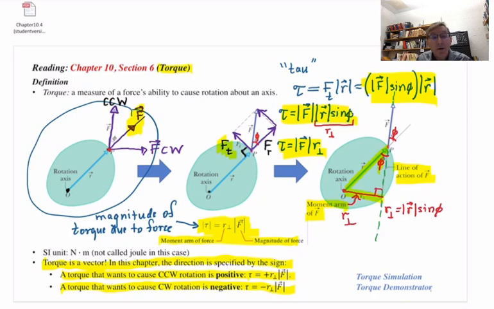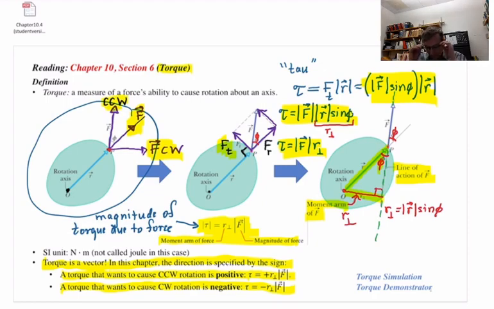No rotation at all. But if the force points above that line, like here, you get counterclockwise rotation. That'd be a positive torque. If instead the force was like this, below that line, you'd get clockwise rotation and you'd have a negative torque. This takes some practice to get used to. So let's go to a simulation on Wiley Plus.